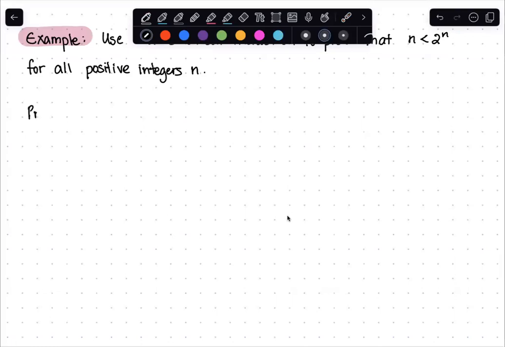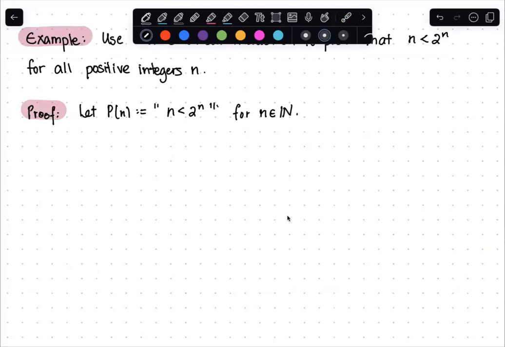Proof. First off, let P of n be this statement, defined by n is smaller than 2 to the n, for n in the natural numbers, which is the same as saying for all positive integers n.